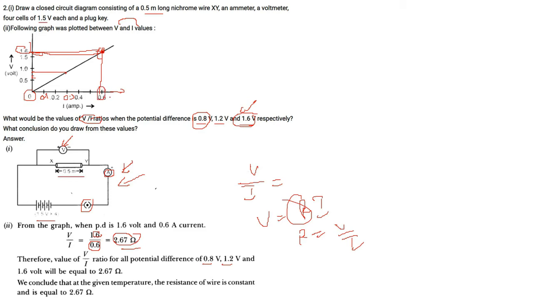That is how we find the resistance as 2.67 ohm, and by Ohm's law V by I will always remain the same for each and every entry. So we conclude that at a given temperature, the resistance of the wire is constant, equal to 2.67 ohm.